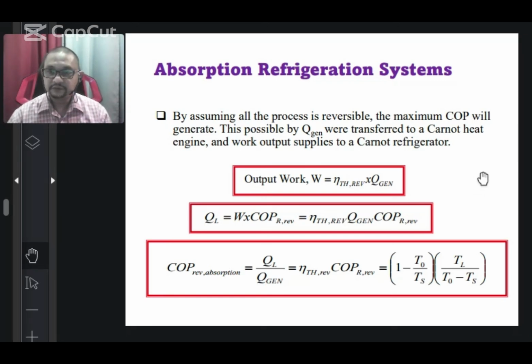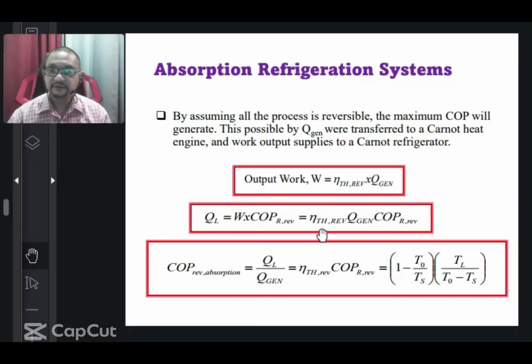So to find the output work, you can use the thermal efficiency of the heat engine times the heat generated. And QL can be found by work times the COP of the refrigerator, for the reversible process.